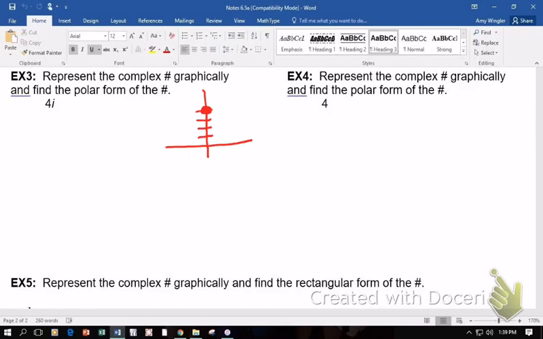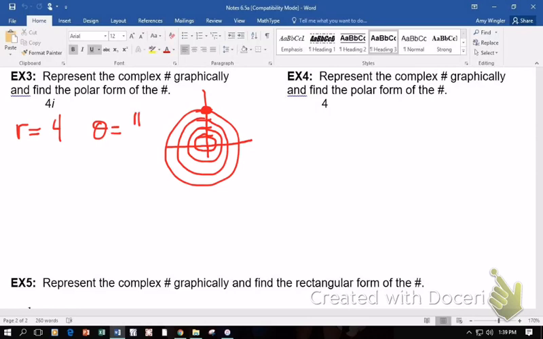So there's your point. If you think about a polar coordinate plane and you draw in all the circles, then the radius has to be 4. Theta has to be pi over 2 because of the graph.